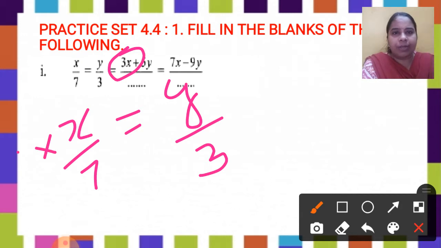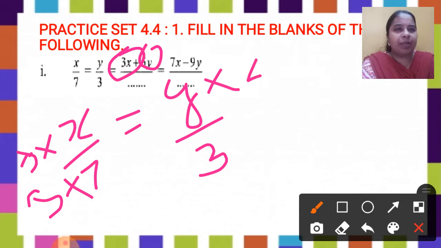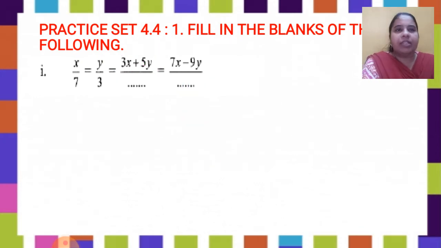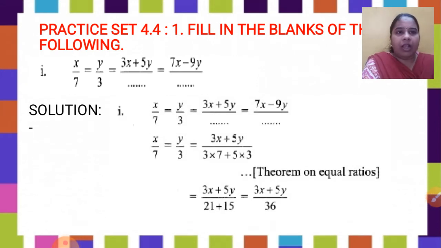So you multiply by 3 in the numerator and the denominator both. This y is multiplied by 5, so you multiply by 5 here and also here. So what do you get here? You get 3x upon 21 and this will be 5y upon 15.